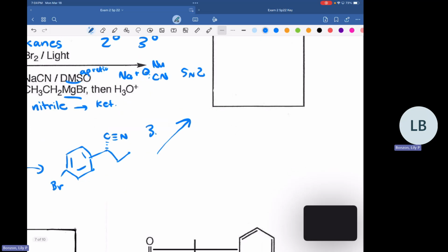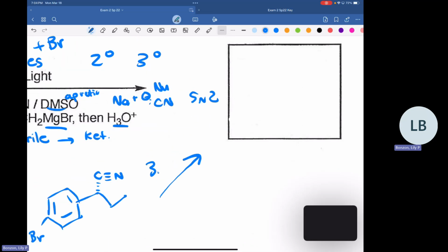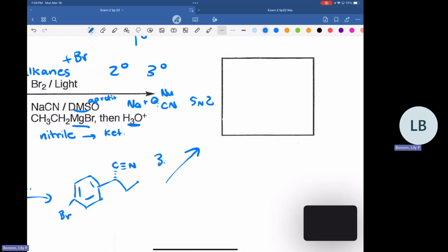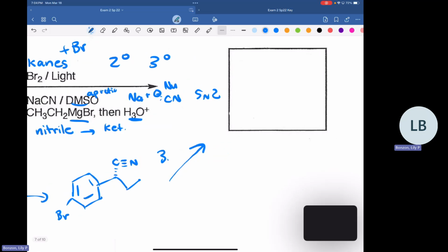So again, a little bit strange. The oxygen is going to be coming from this H3O+. I don't believe you have to know the mechanism for this one, so this might just be a memorization thing. But we've got nitrile to ketone.